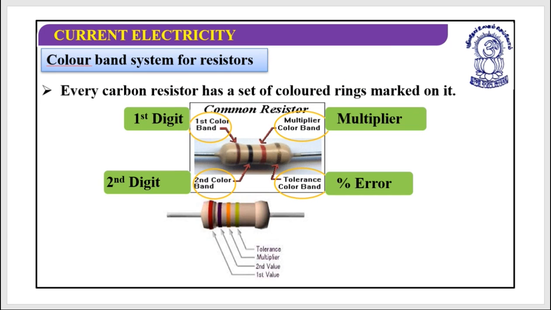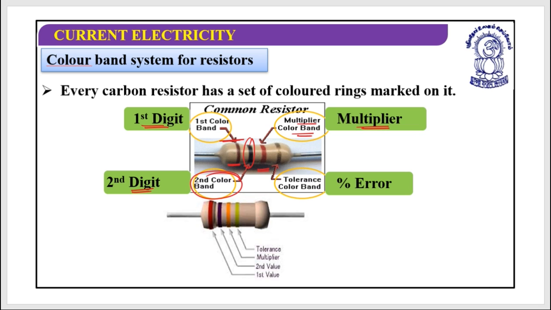This is the color band system. As you can see, this is the first band, the first digit of the value of a resistance. This is the second color band, the second digit. The third band is known as the multiplier color band.